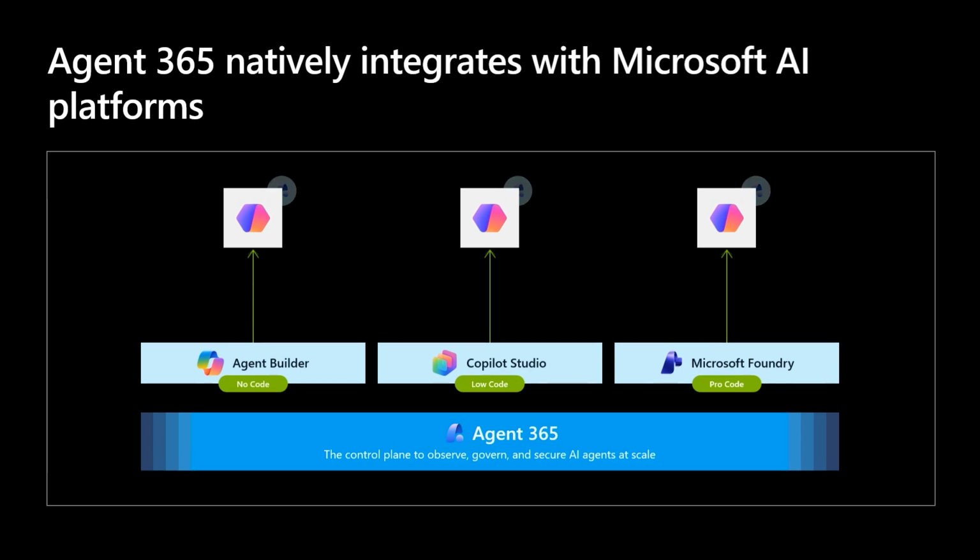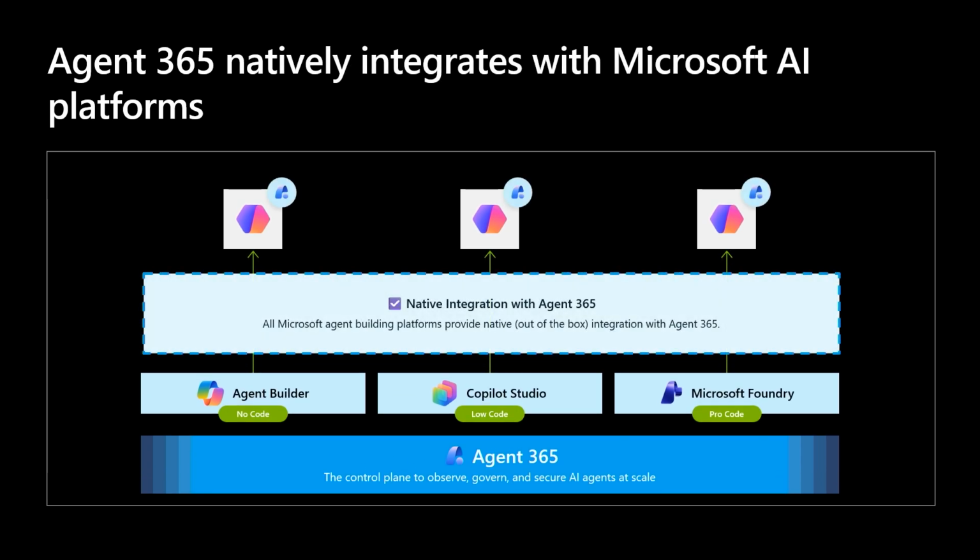Well, to be quite honest, nothing extra. Agent 365 is natively integrated out of the box with these platforms. It doesn't matter if you are no-code, low-code, or pro-code. When makers and developers build on Microsoft AI platforms, the agent shows up in Agent 365 automatically. Identity, observability, governance, and security are all wired in.